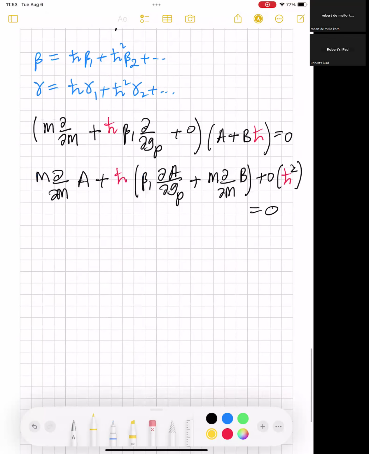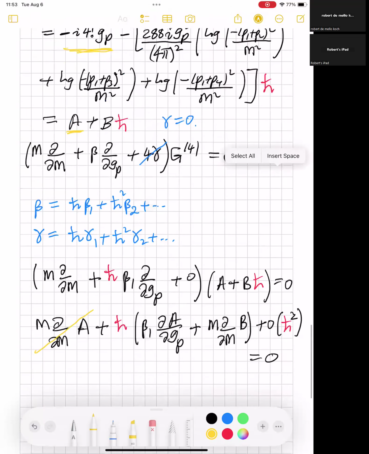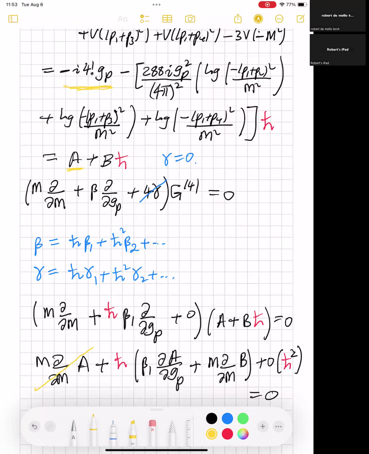So this first term, M d/dM on A, vanishes. We don't have to worry about that. M d/dM acting on minus i 4 factorial GP is 0, okay? Then we can take β1 dA/dGP. Well, if we differentiate A with respect to GP, we're just going to get minus i times 4 factorial.